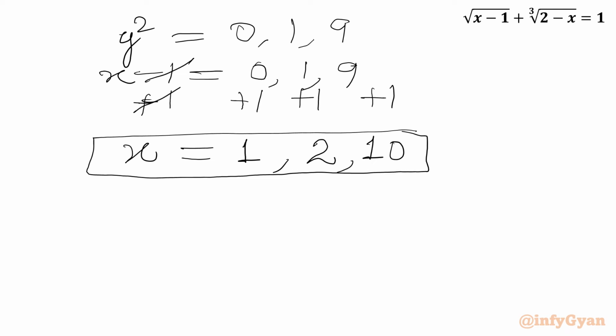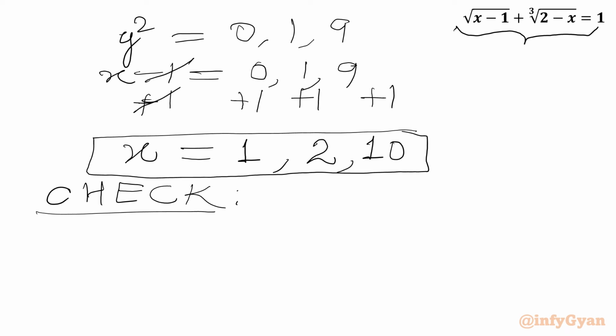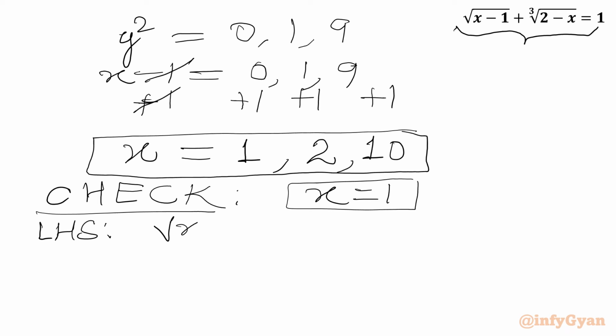Now we have to verify which solution we are going to accept and which solution we will reject. The equation is written here. So let me write here check. I will begin with x equal to 1. Let me consider our LHS: square root x minus 1 plus cube root 2 minus x.